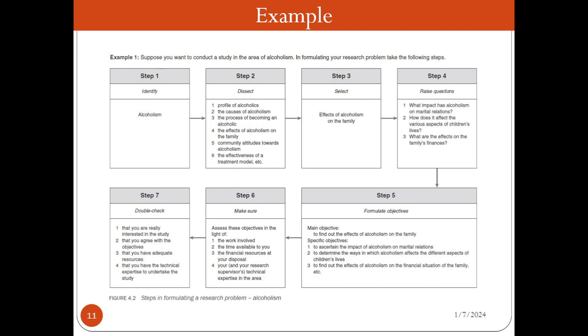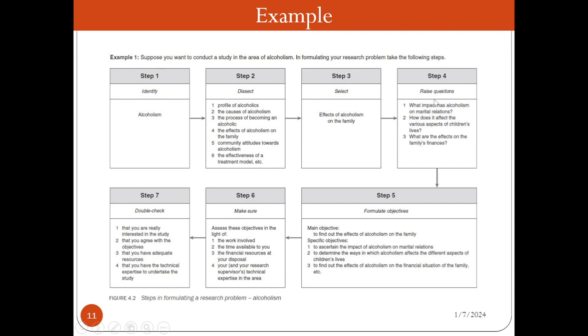So you can pick up, for example, any of them you want if it is interesting to you. Then you are moving on to step 3, which is exactly choosing one, effects of alcoholism on the family. So you have chosen, for example, number 4.